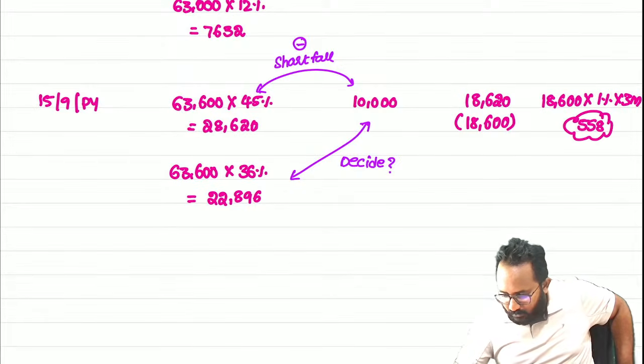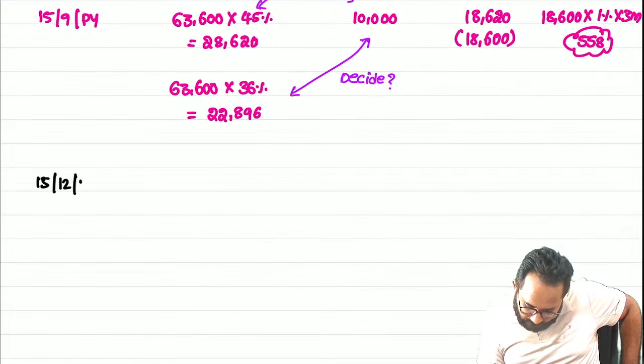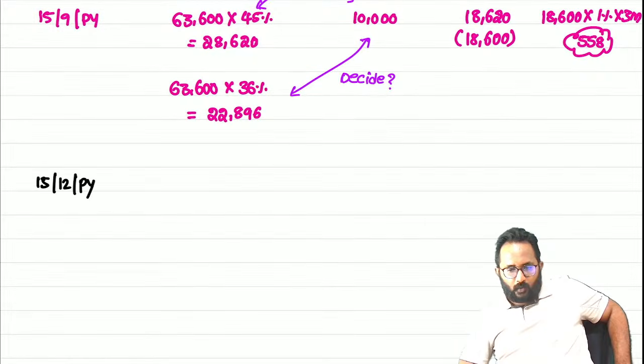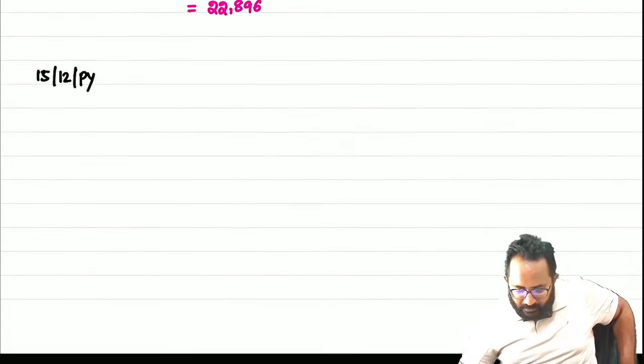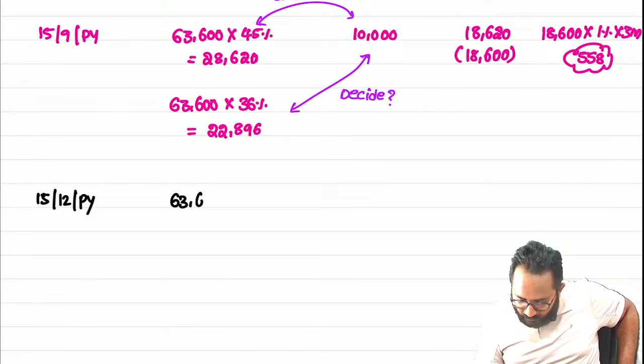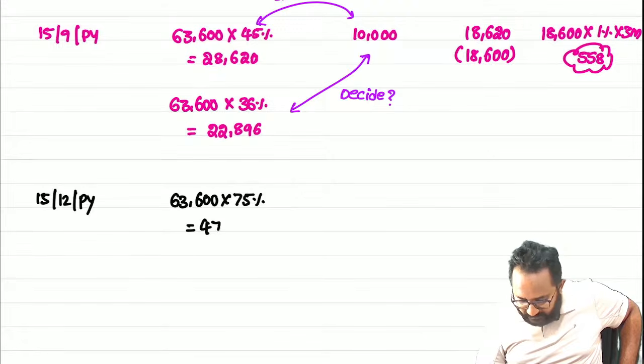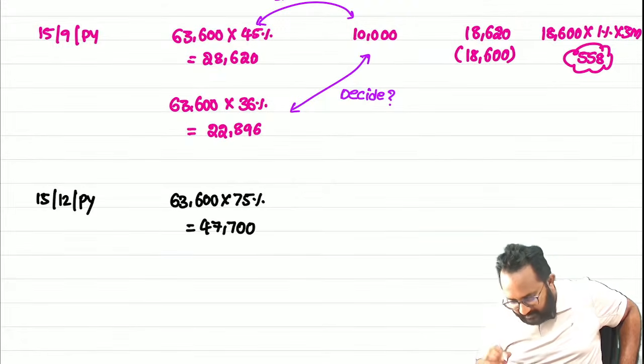Understood? Next installment, 15th December of the previous year. After that also, we know only this one. How much we have to pay? 75%. 63,600 into 75%. How much? 47,700.